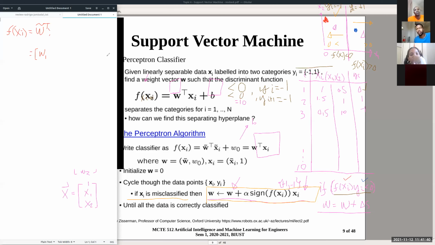So the final answer will be w1 x1 plus w2 x2 plus b. But because we want to combine them into a more compact expression, we write f of xi.